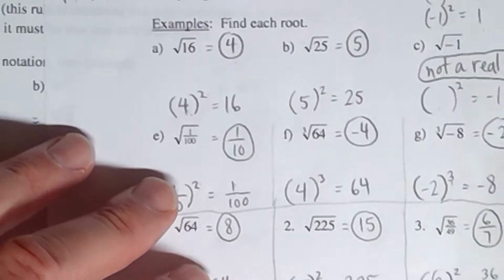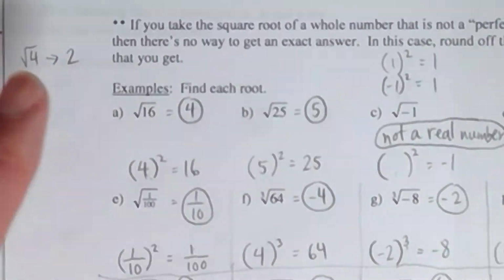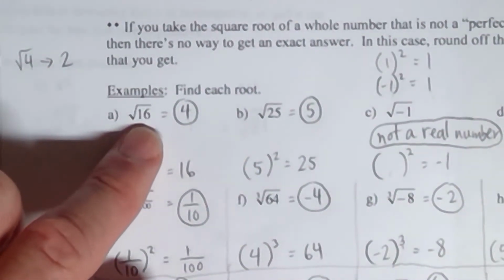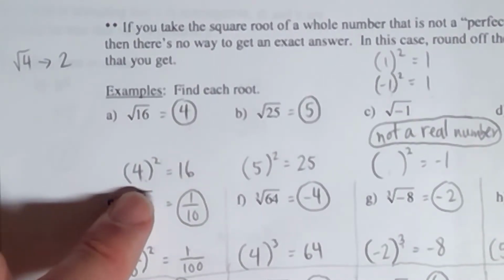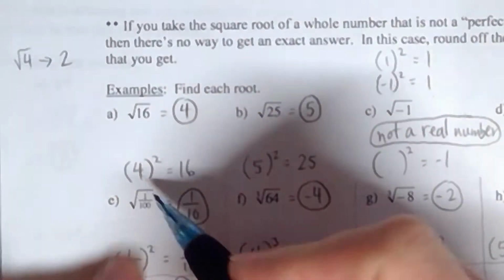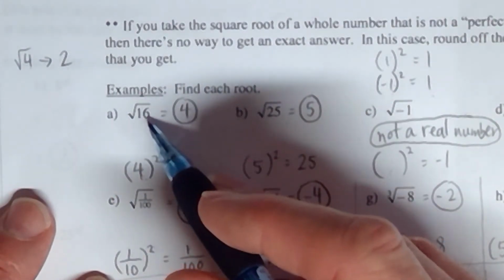As you know from section 9.1, the way you figure out a square root, if you're just figuring out what the root is equal to, not simplifying the radical, is you figure out the positive number so that when you square it, it's equal to the inside of the radical.